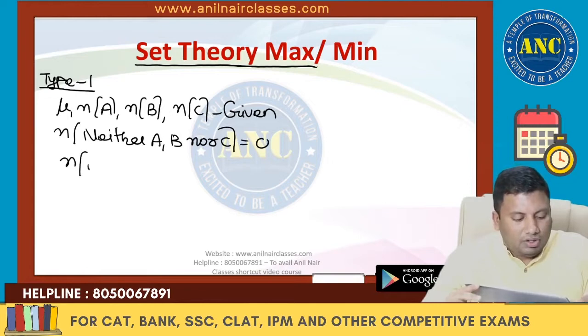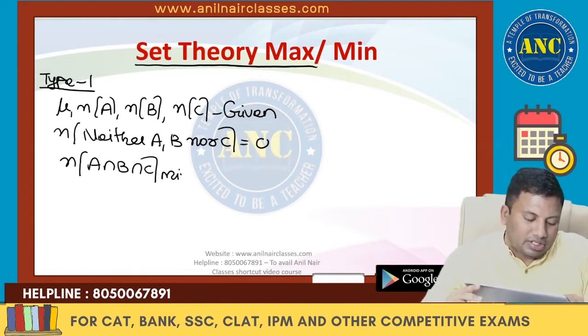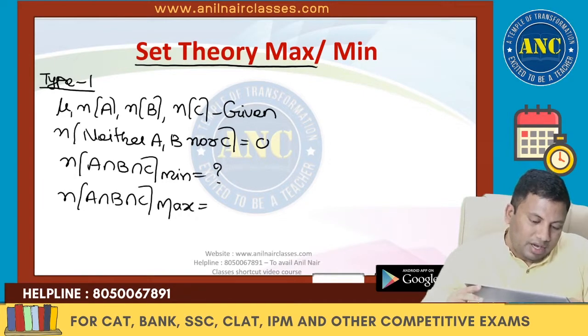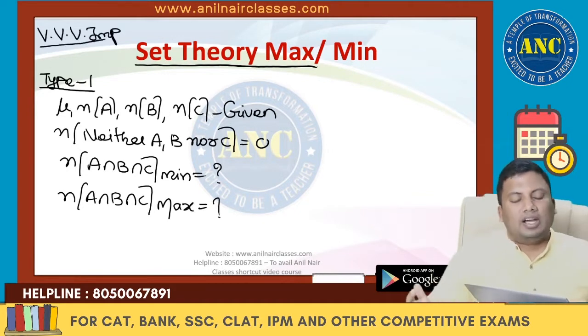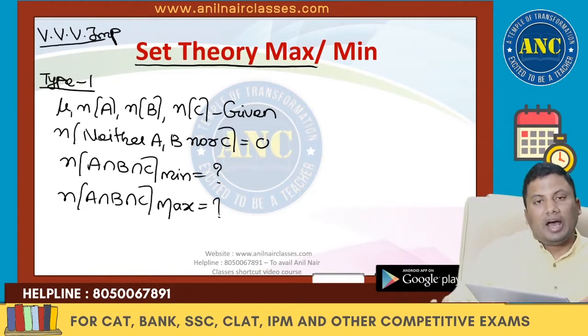So we have to determine the minimum value of n of A intersection B intersection C, and we have to determine its maximum value. Very, very important topic especially for management examination aspirants.